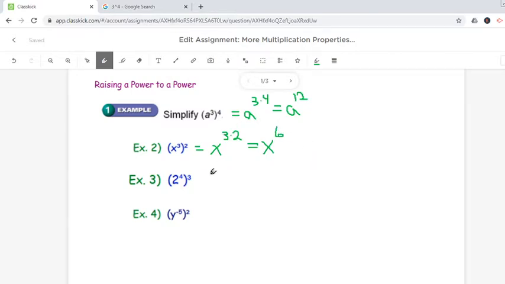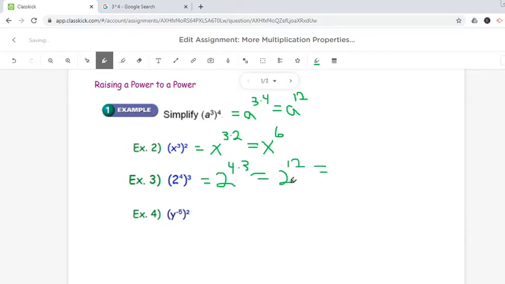Okay. 3 is outside of the parentheses. So we'll multiply the powers together. So 4 times 3. So that equals 2 to the 12th.